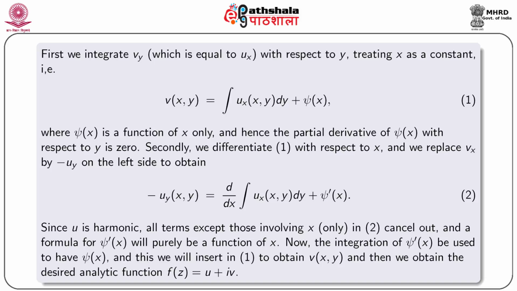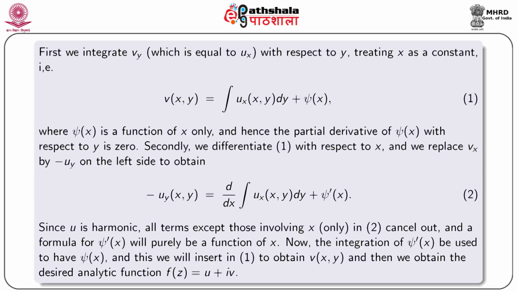Since u is harmonic, all terms except those involving x only are cancelled out, and the formula for ψ′(x) will purely be a function of x. The integration of ψ′(x) is used to obtain ψ(x), and this we insert in the first equation to obtain v(x,y), and then we obtain our desired analytic function f(z) = u + iv.